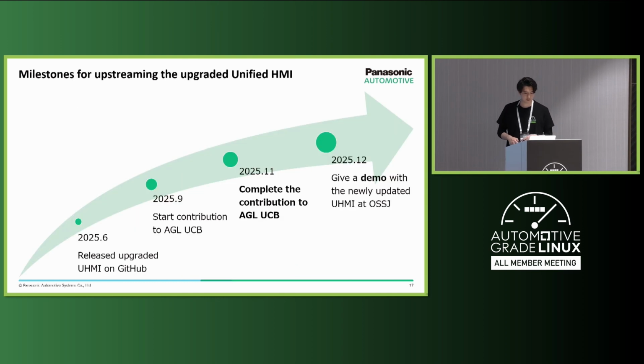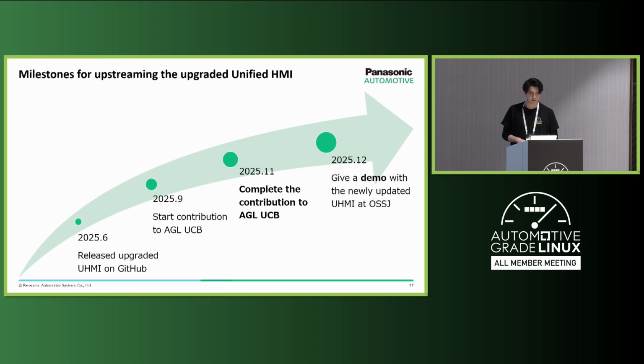Okay, I will introduce our milestones regarding the upstreaming of these upgrades. We have already released the upgraded Unified HMI frameworks on our GitHub. And we are currently testing them in some environments and making improvements. So by September or sooner, we will start contributing to AGL UCB, and it's expected to be completed in November.